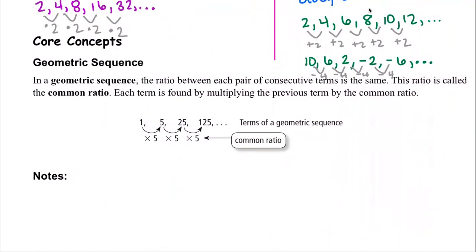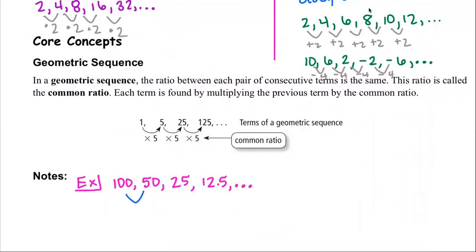Now, we don't have to just always multiply by an integer. Let's say we had a sequence that was 100, 50, 25, 12.5. Okay, what's happening here?